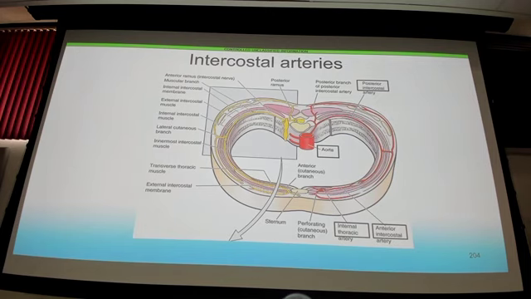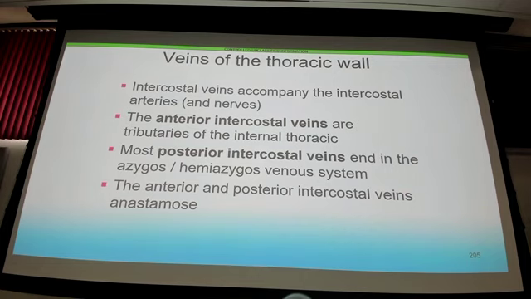What is bolded on this picture for arteries is all we need to know. Fair enough? That there is an internal thoracic, and then there's a posterior intercostal and an anterior intercostal that meet up. Keep it simple.